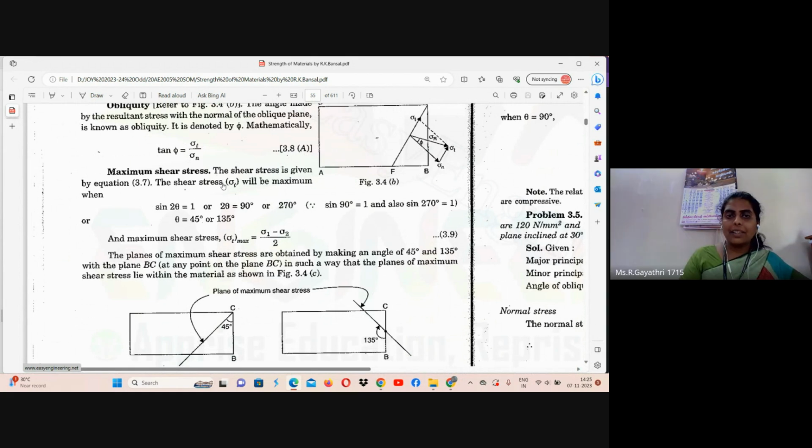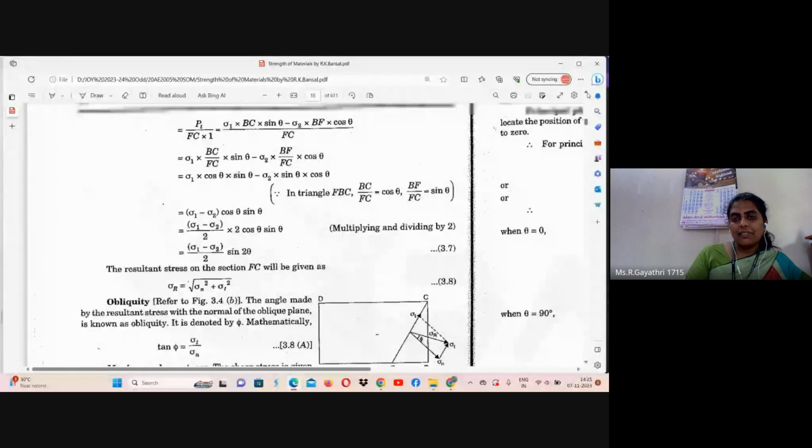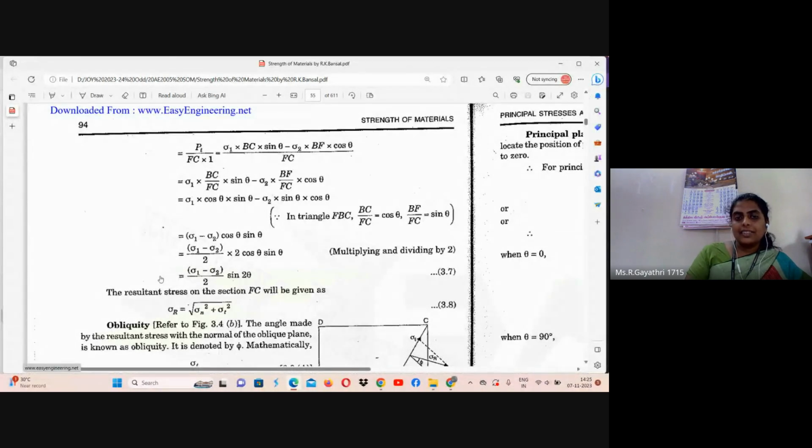For getting maximum shear stress, we can say equation 3.7, sigma t is equal to sigma 1 minus sigma 2 by 2 times sin 2 theta. For maximum shear stress condition, sin 2 theta value should be 1.